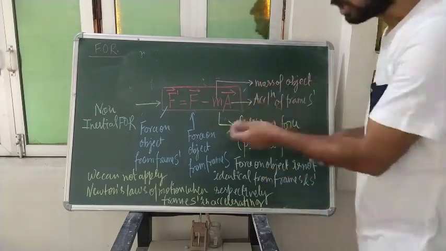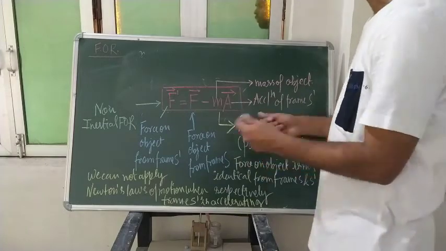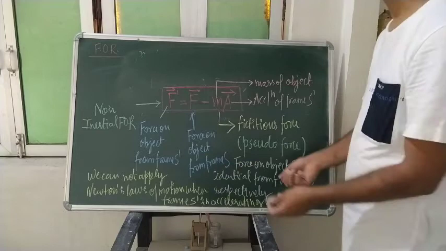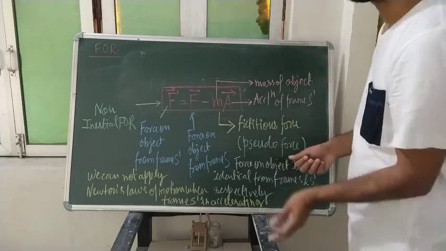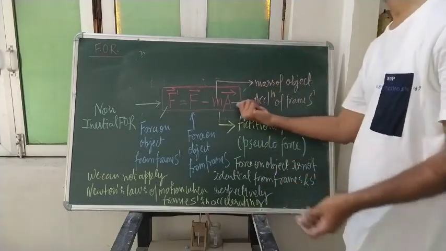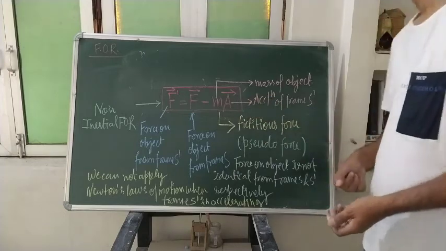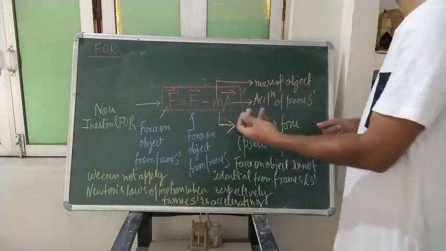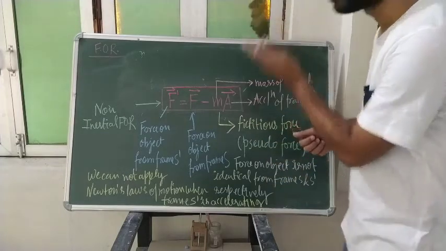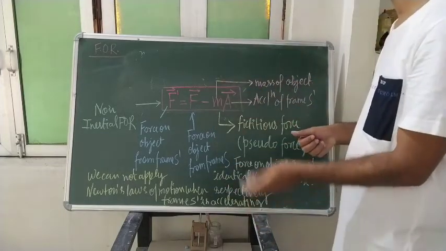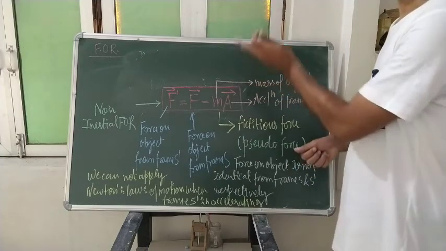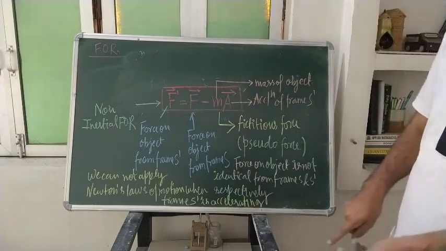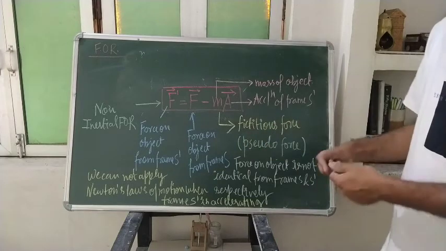That non-inertial frame will move with certain acceleration, and when we have considered the acceleration of frame S prime, we are looking that forces are not coming the same. Whereas for the inertial frame of reference, when it was moving with constant velocity, it can be at rest as well, but when it was moving with constant velocity, forces were coming the same, and that was our inertial frame of reference.